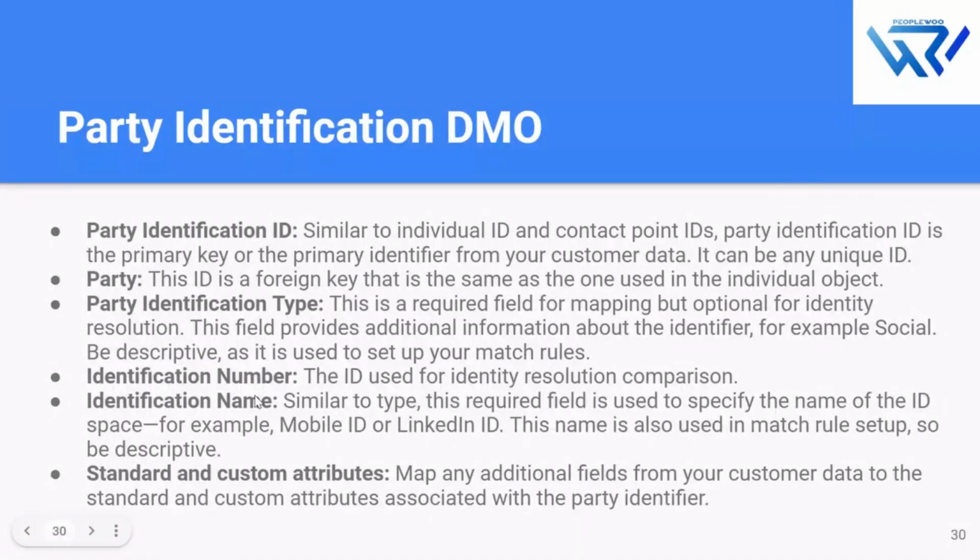If you are bringing some critical data like a driver license number, you can have the party identification name as driving license. If you are bringing some insurance data, insurance number. Or you can simply work with identification ID, party, and identification type, the top three attributes, to identify a party if it is profile category data.